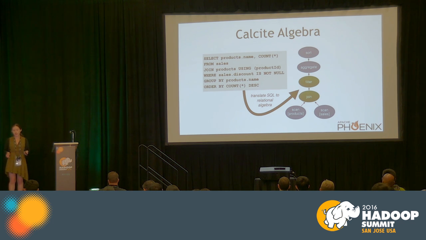If you look at the diagram from the bottom up, it's pretty simple. There's a join on top of the two table scans of products and sales. After that, we have a filter node. Then we do an aggregate grouping by product name. And in the end, we have a sort node on top of that.